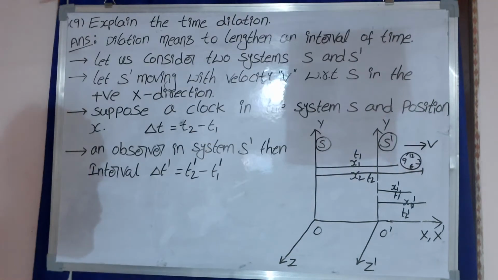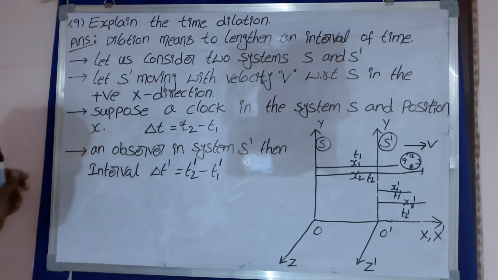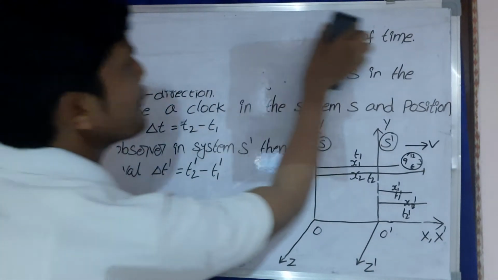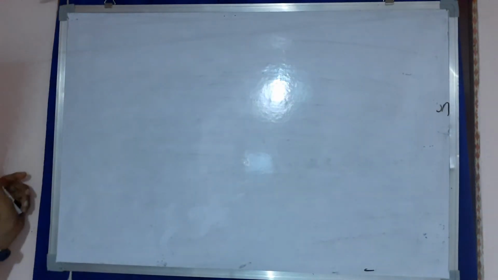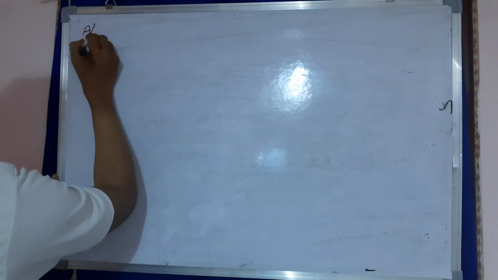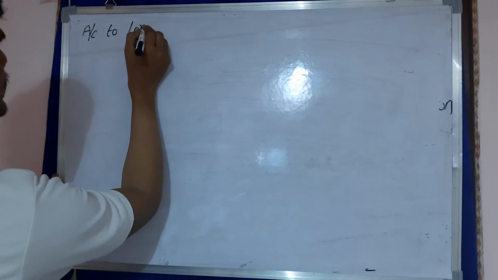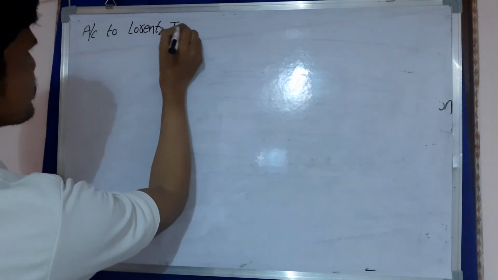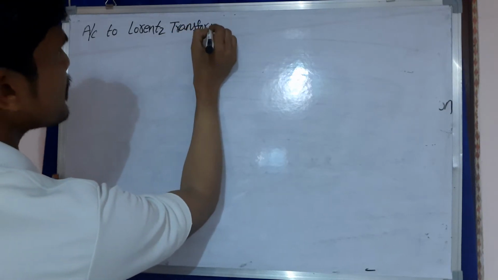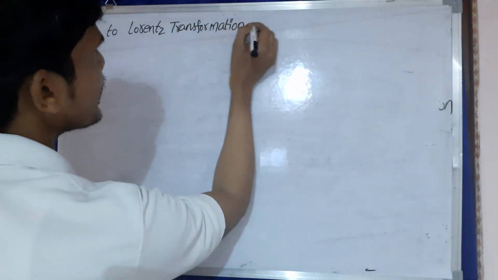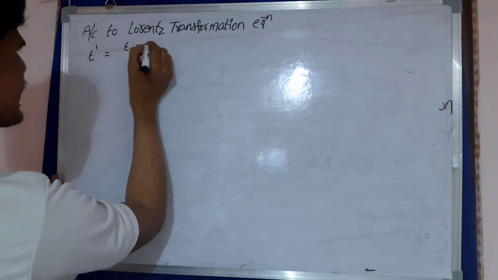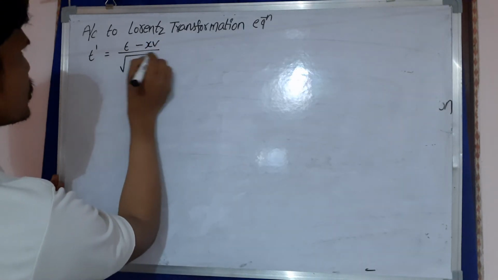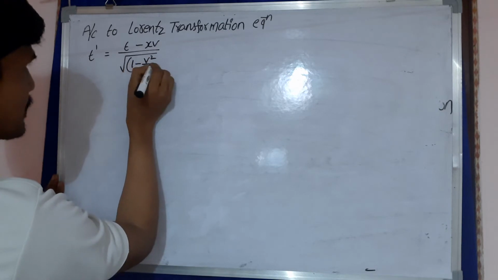Next, according to the Lorentz transformation equation, t dash equals t minus xv by root over 1 minus v square by c square.